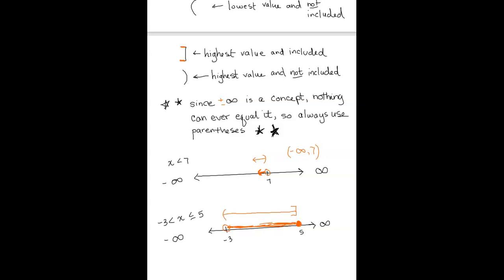When we do it in terms of interval notation, instead of being on our number line, we're going to say -3 with a paren in front of it, and then 5 with a square bracket. So this setup basically tells you what this is going to be.